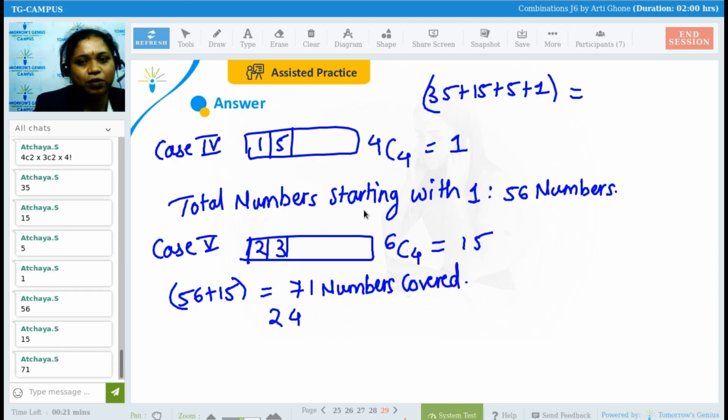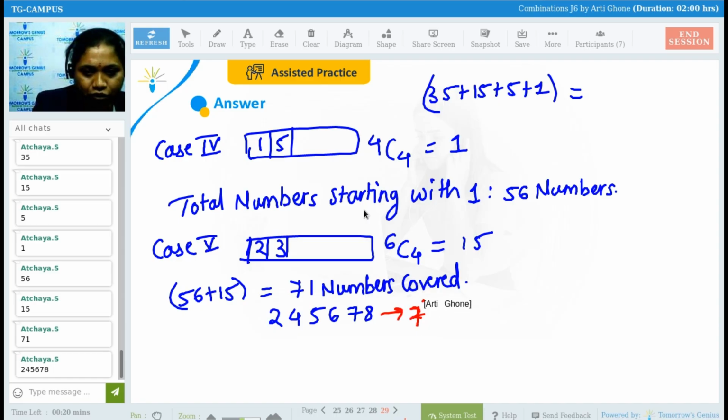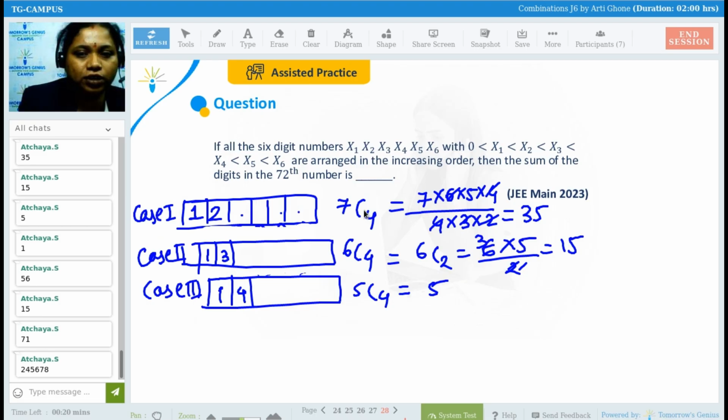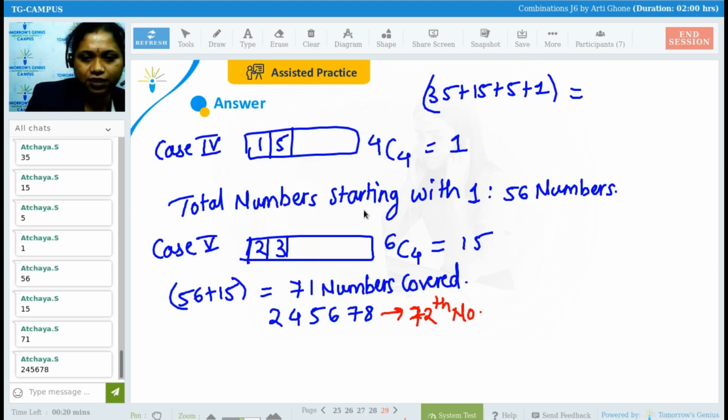Okay, what will be the number which is at 72th position? Anyone? This is a number which is at 72nd position, right now. So this is a 72th number. Clear? And now what is the question? See, now we got the 72th number, okay? Then the sum of digits is asked. Now you can just sum up the digits. What is the sum of digit? 2 plus 4 plus 5 plus 6 plus 7 plus 8.